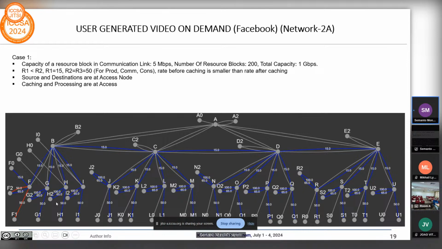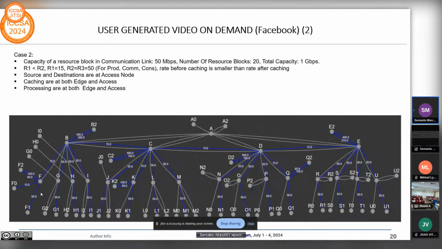So we can see that now for case one, caching and processing are both happening near the source only. As we have already mentioned, if there is sufficient capacity, there is a tendency that the caching will always be near the source. Here we can see the proof again. And for case 2, when this is 50 Mbps, we can see caching and processing are overlapped at the edge.